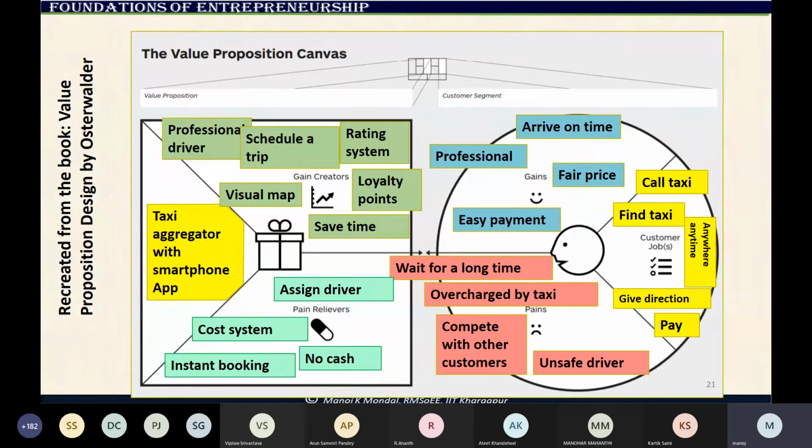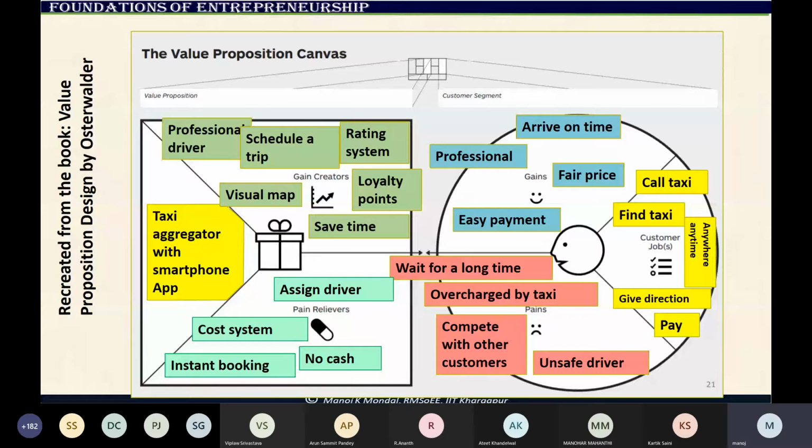Okay, forget about that. And then with the existing taxi system, there is so much of a problem. You wait, the taxi wala would be overcharging. If you do not know the route, he will take you by a longer route and charge you more. You compete with other customers, like there would always be a queue, and you stand in the queue and you end up not getting it, unsafe drivers, etc. Now you are relieving customers of all the pains.